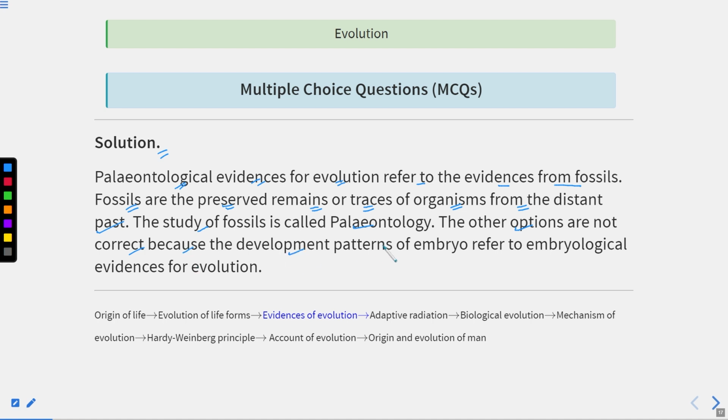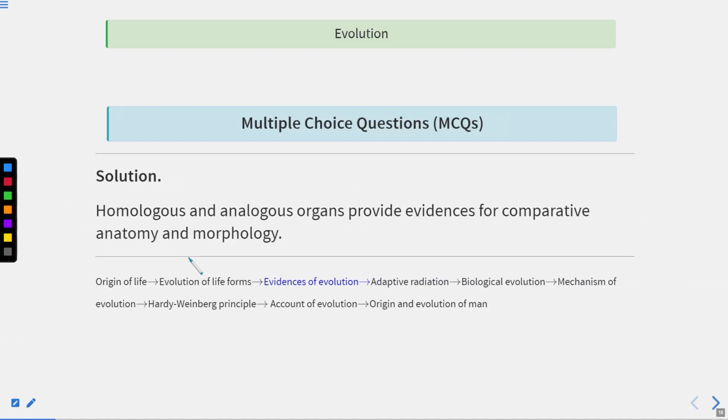Because the developmental pattern of the embryo refers to embryological evidences of evolution. The development of the embryo is known as embryogenesis, and its developmental pattern refers to embryological evidences. But here we are talking about fossils. So paleontological evidence is the correct answer.